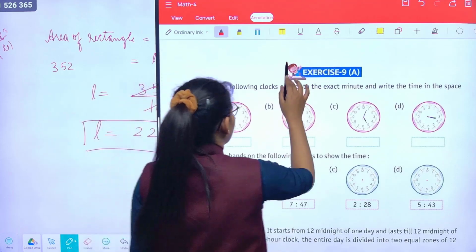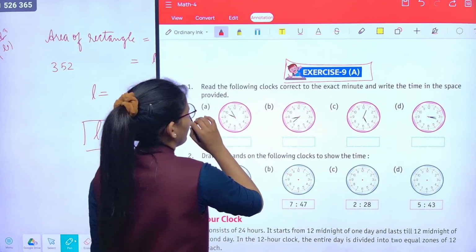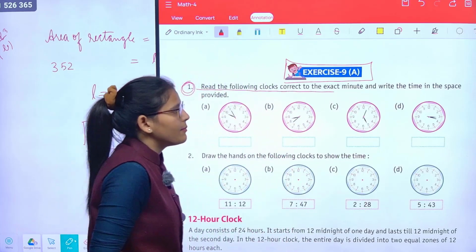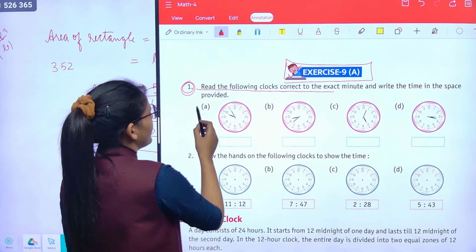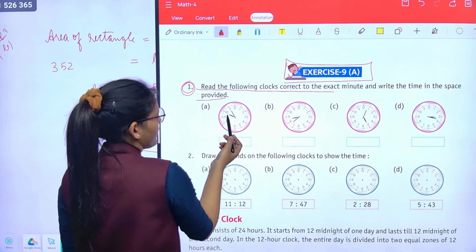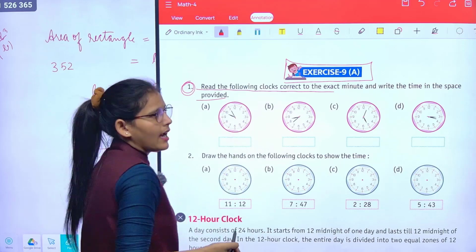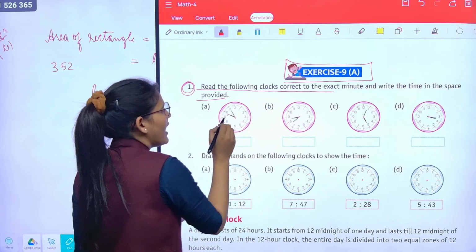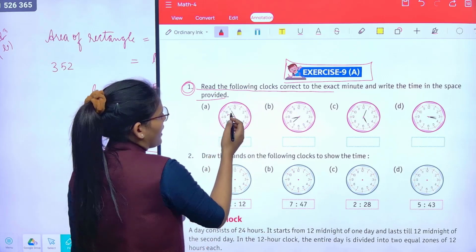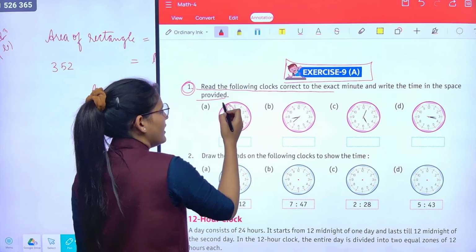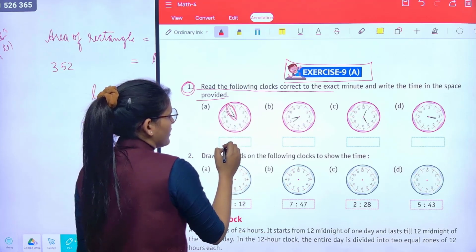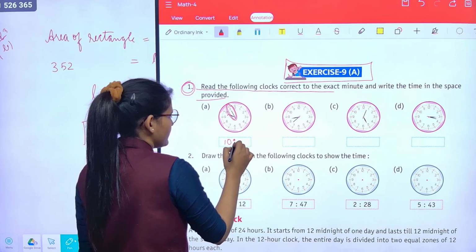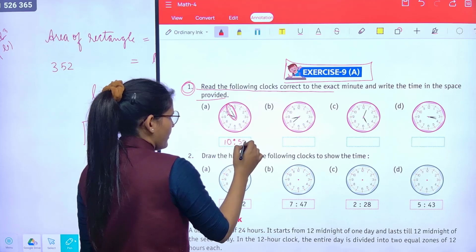Come on, exercise 9A. Now question number 1, read the following clocks correct to the exact minute and write the time in the space provided. Class, see, the shorter hand is before 10 at one division, and the minute hand is at 11, that is 10:55.